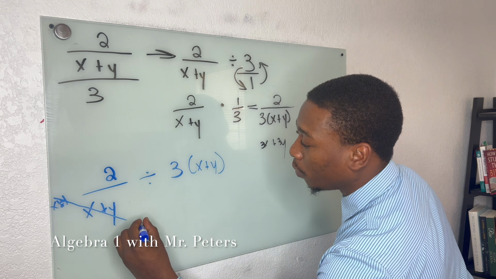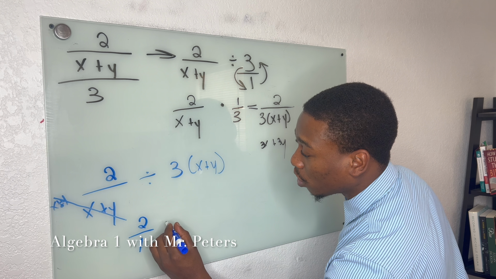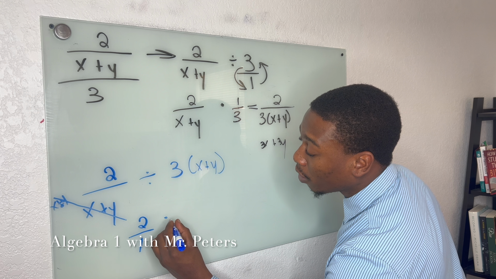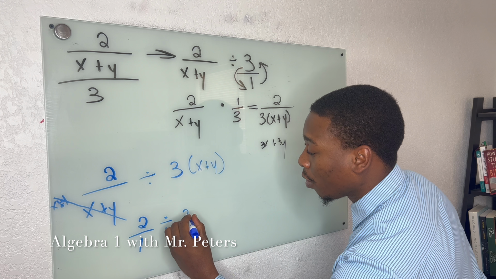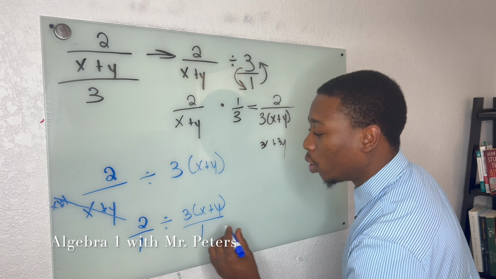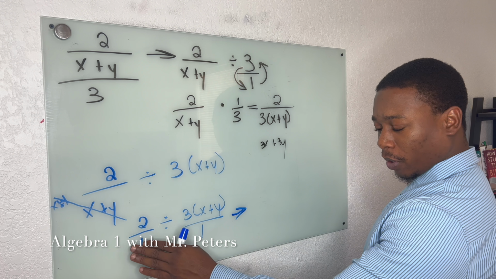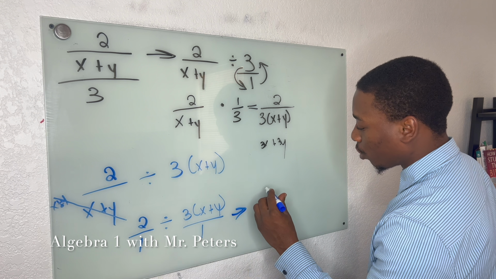Now what I have would be 2 over 1. I'm going to keep it the same, I'm sorry. Divided by 3 times x plus y all over 1. Now in our final step, I'm going to get rid of this 1, just keep it as 2.